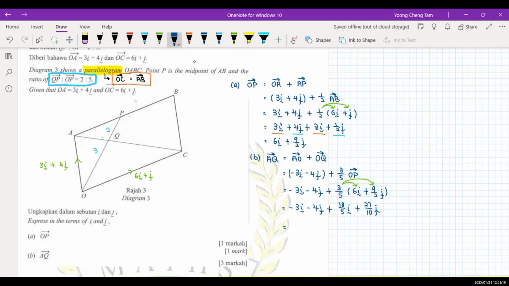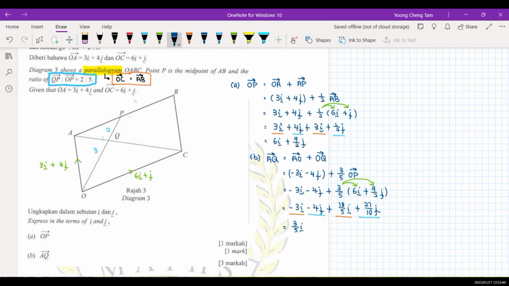Now let's collect the like terms. For i, we have negative 3 and then positive 18 over 5. Negative 3 plus 18 over 5, you get 3 over 5i. And then for vector j, minus 4j plus 27 over 10.